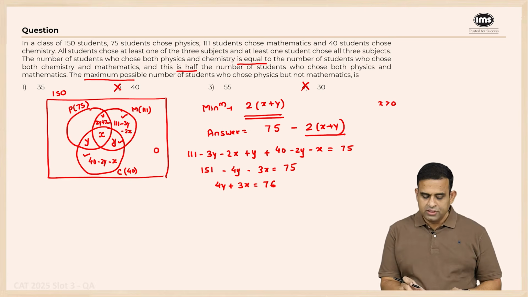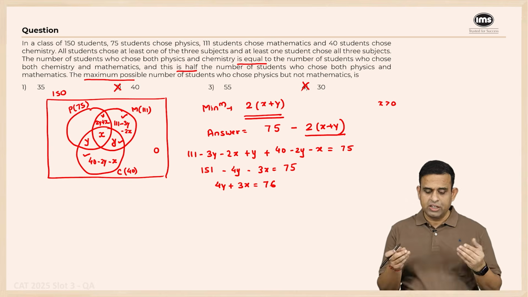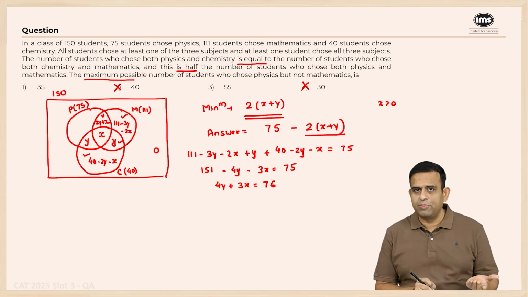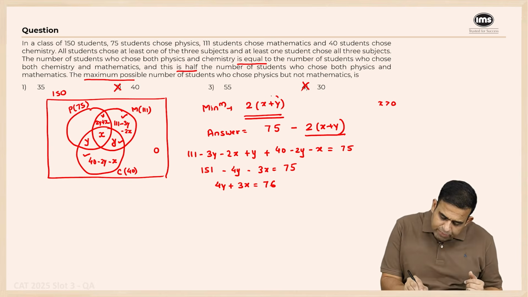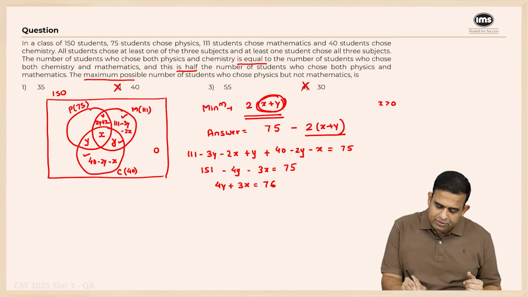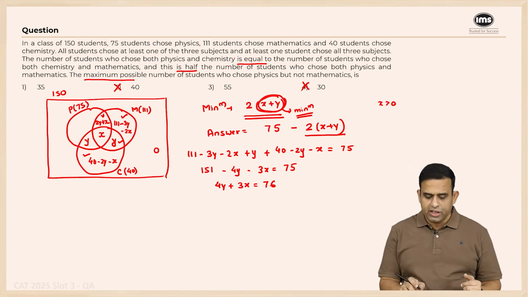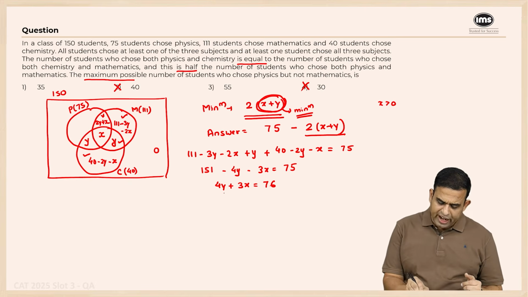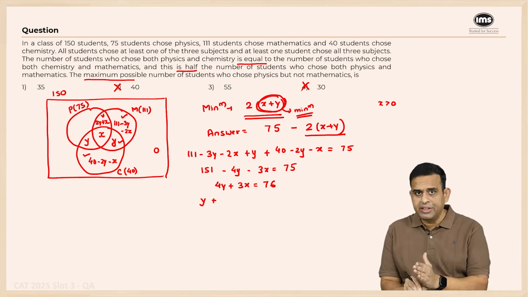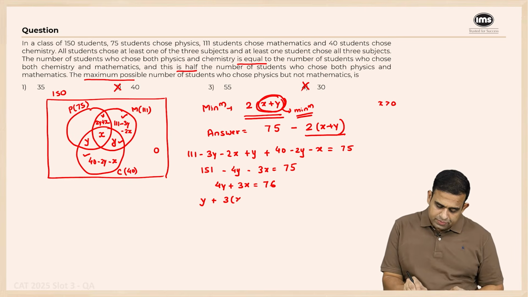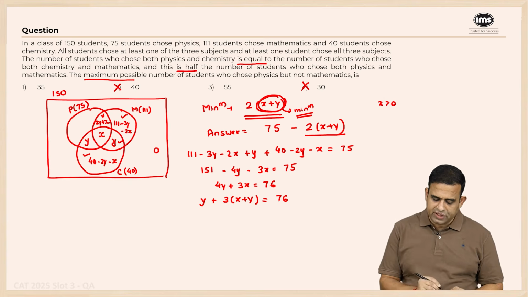Once I got this, since my objective is to minimize the term twice of x plus y, in other words, I want to minimize the term x plus y. This needs to be as low as possible. Over here, if I write this particular term as y plus 3y plus 3x, I can take 3 common, and this should be equal to 76.